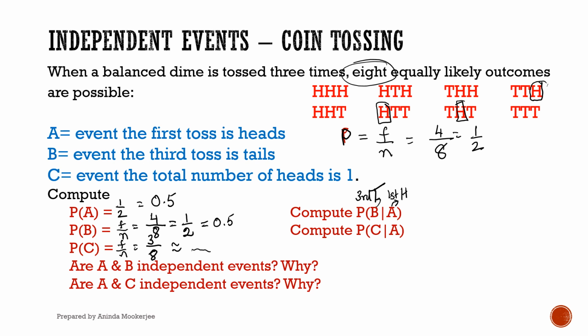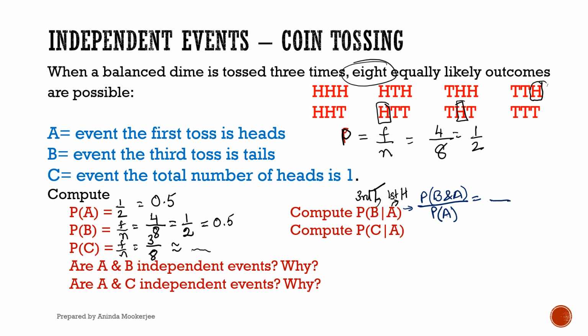So probability of B given A. Now, what is the formula for conditional probability? It would be the probability of B and A happening together, the joint probability, divided by the given probability, so probability of A. All right, so what is the probability of A?